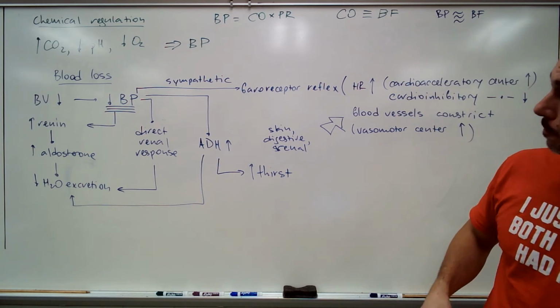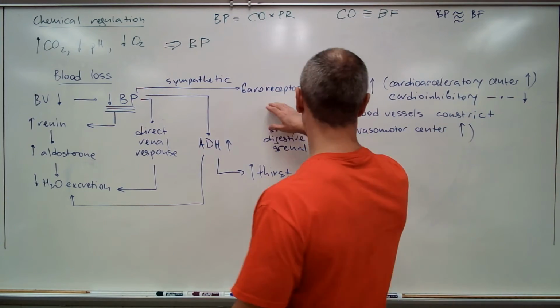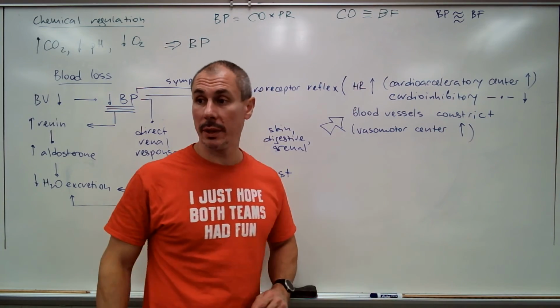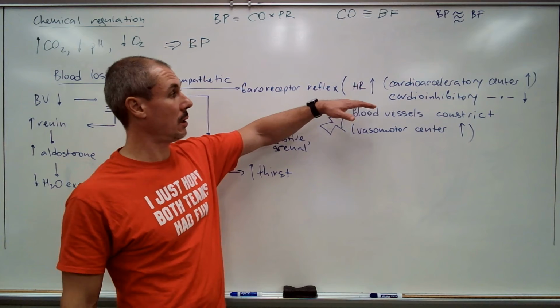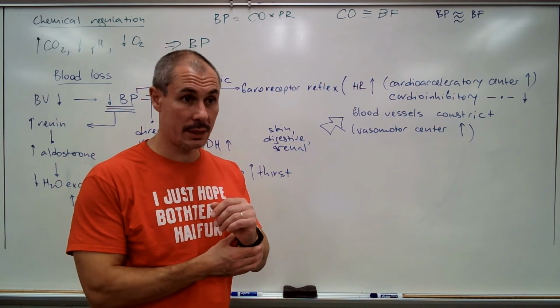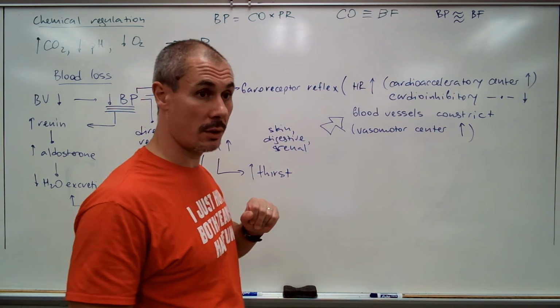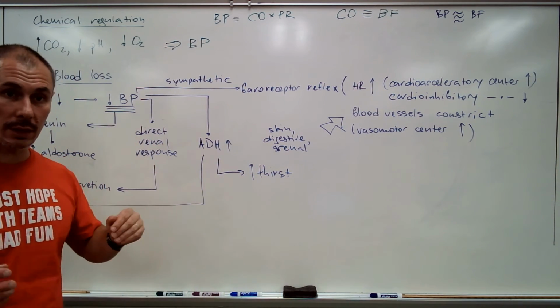Okay? It will result in thirst. And the baroreceptor reflex will be engaged, which will result in increased heart rate, okay? Blood vessel constriction, but in blood vessels in unimportant locations.